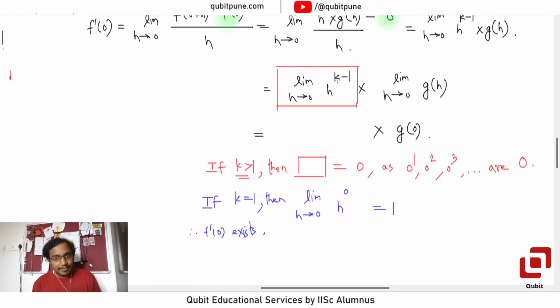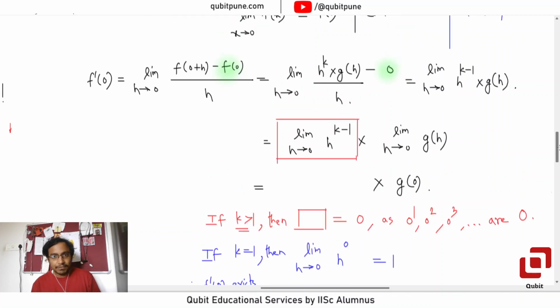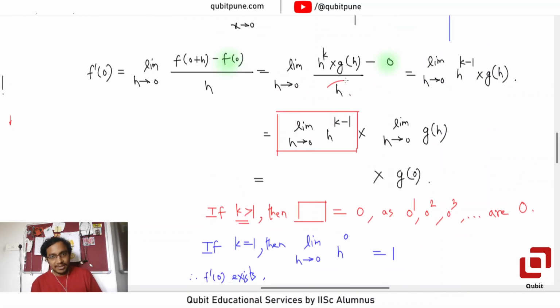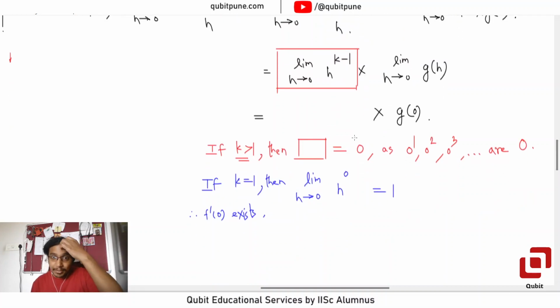We have got k minus 1 because of the cancellation of one power of h in the numerator by this first principle definition of derivative. Therefore, when k is greater than 1, we'll get 0 into g of 0, which is 0. But if k is equal to 1, then that limit is equal to 1, and therefore f dash of 0 is g of 0.